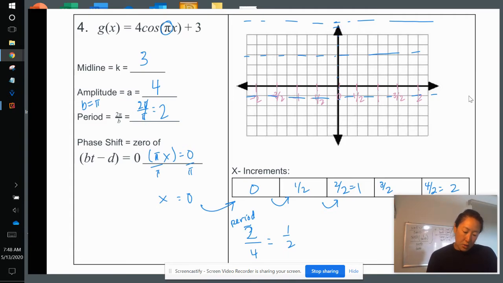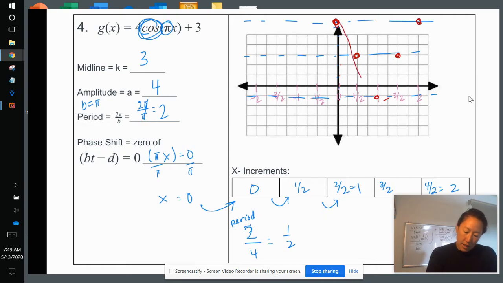All right, cosine graph, positive cosine graph. We're going to start at the upper bound when x equals 0. First quarter, we spin to the midline, then the lower bound. 2, 3, 4. Okay, I did count right. The midline, then the upper bound.